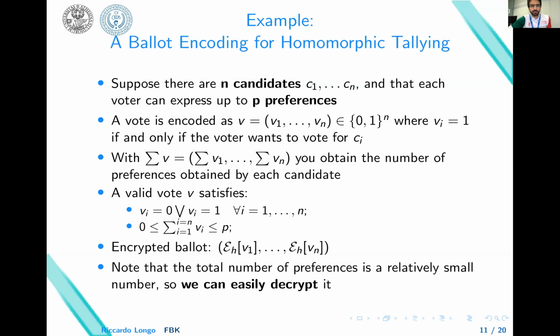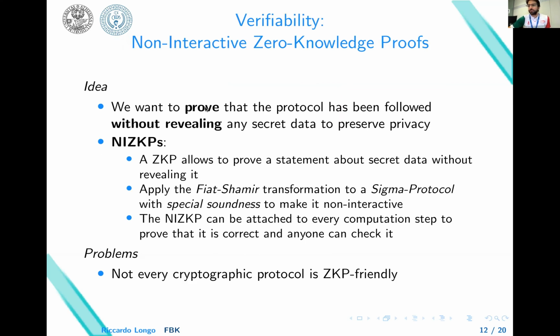As you may have spotted, we still have to validate that the vote is indeed correct. And this is a problem for verifiability. To solve this problem, zero-knowledge proofs come to the rescue.